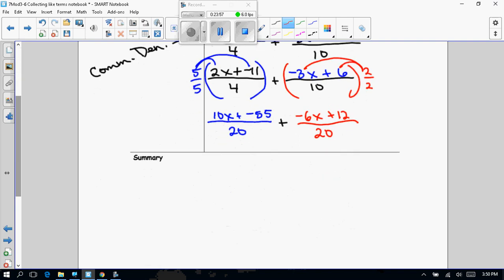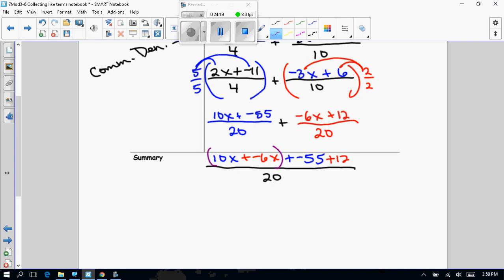All right, do I have things I can combine? I certainly do. So now that I've got a common denominator, I've got 10x plus negative 6x plus negative 55 plus 12, all over 20. All right, let's put the x's together because they are like terms. They have different signs. 10 is bigger.